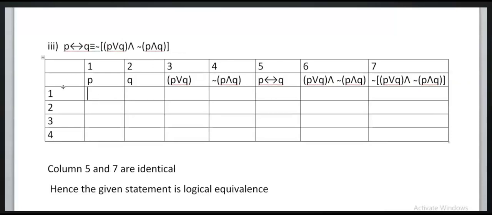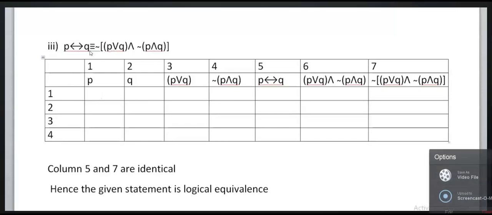Next is the third. Now for this, see this here, this is the equivalence sign. We require P double implication Q, and the next statement is P or Q. Now next we will also require P and Q and its negation.